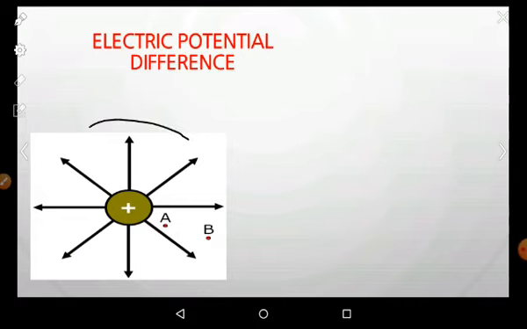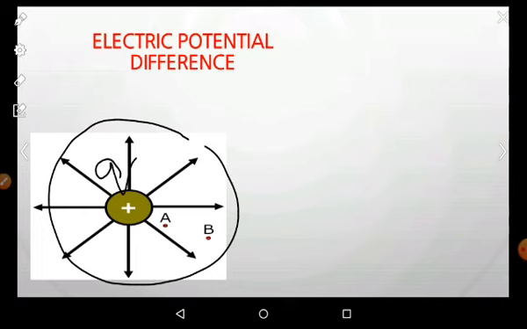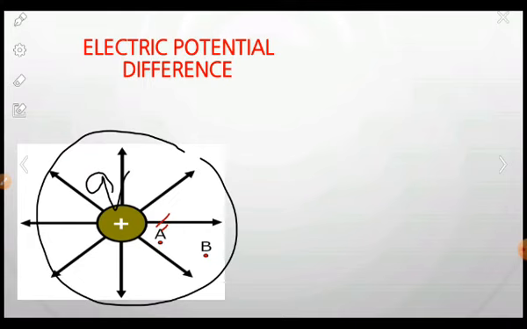So this is the electric field, and suppose this electric field is of charge Q, and the Q naught, which is already at this point A, has to be moved to the point B. To move Q naught from A to the point B, an amount of work must be done on Q naught.